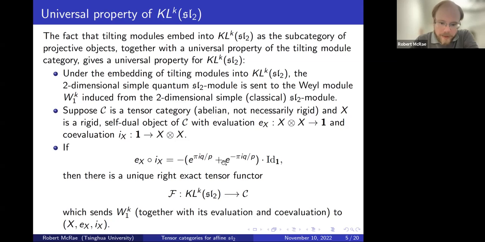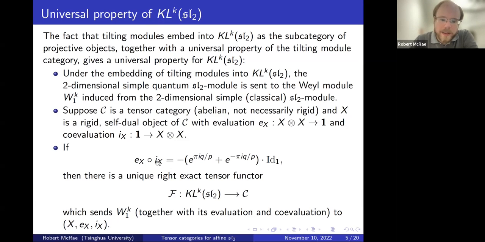And if that endomorphism is this particular scalar multiple of the identity object, if you work it out, I think it's like -2 cosine of pi q over p. This number here.